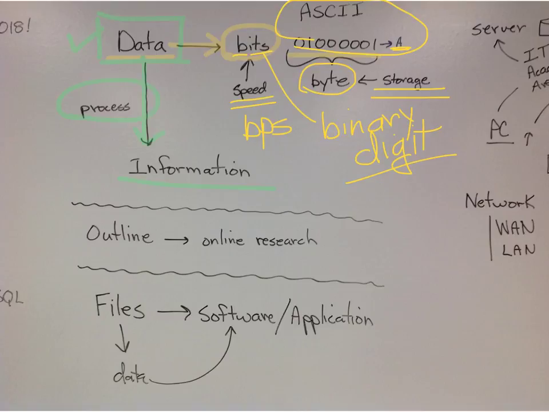Okay? A couple other things we talked about. This wasn't the exact order we covered it in class, but we talked about the outlines. Work on the outline and online research. We listed some of the key things. Current, lots of options.